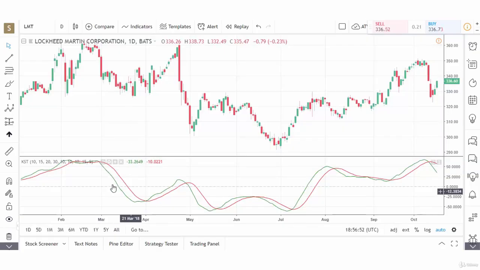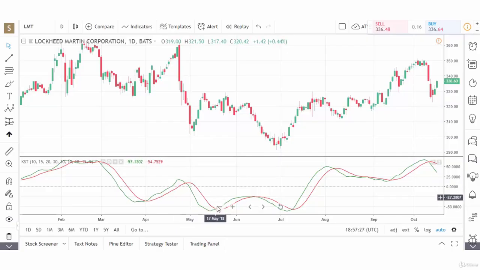We get a buy signal here below the 0 line, which also was a good signal, and then we get a sell signal here. But the stock had already traded down, so we see the KST was behind the stock already moving down. So we would have wanted to look at this large red candlestick, which is a bearish engulfing candlestick, and that actually would have been a signal that the trend was reversing.